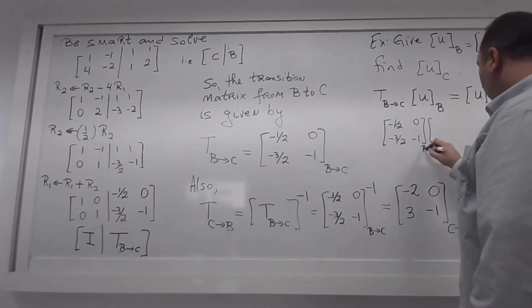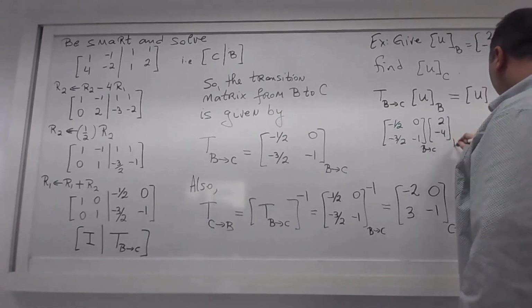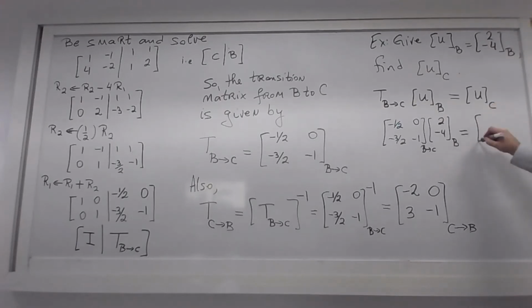So this was from B to C, and this is 2, minus 4 in B. So I do the product, have negative 1, and then I have negative 3 plus 4, that's 1. So these are the coordinates of the same guy in basis C.